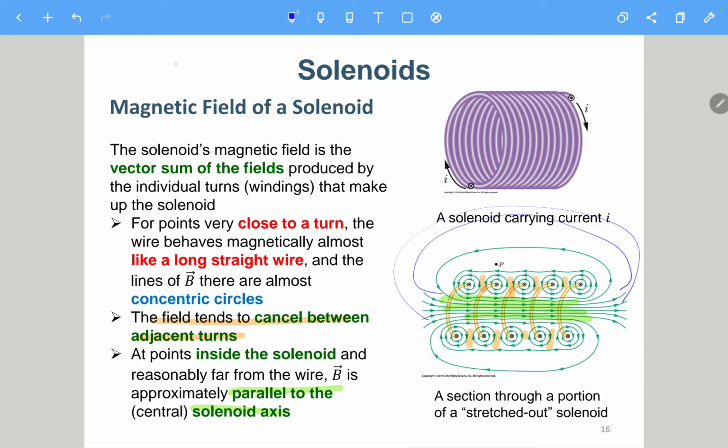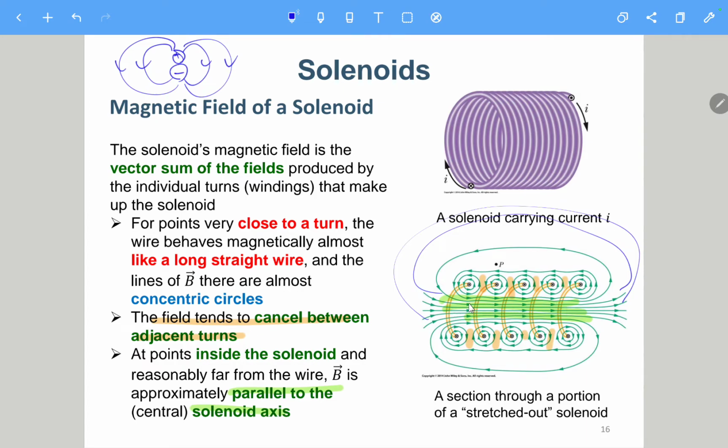So if we have an electric dipole, the E field lines are somehow like this. But here, inside the solenoid, we also have the part with roughly uniform B field generated inside.